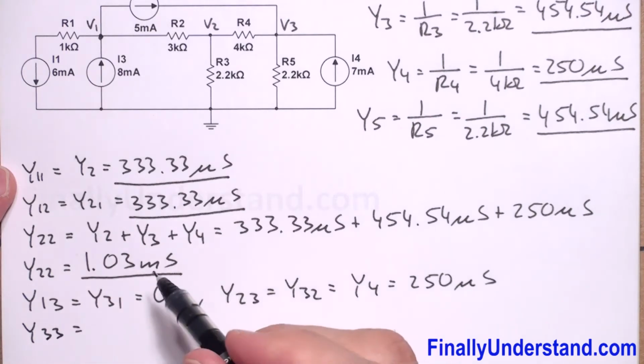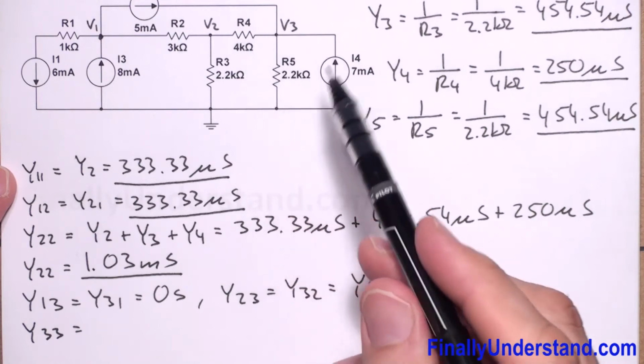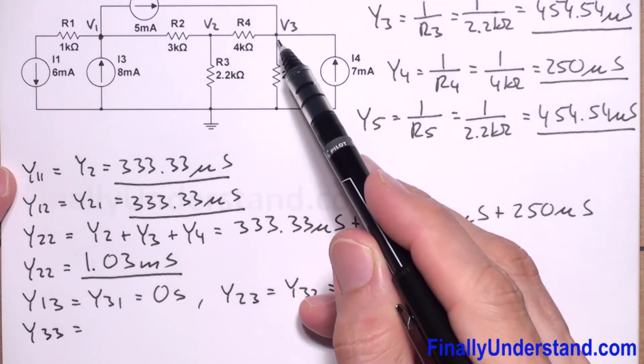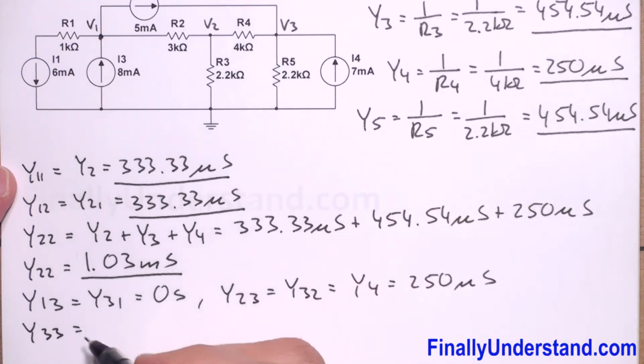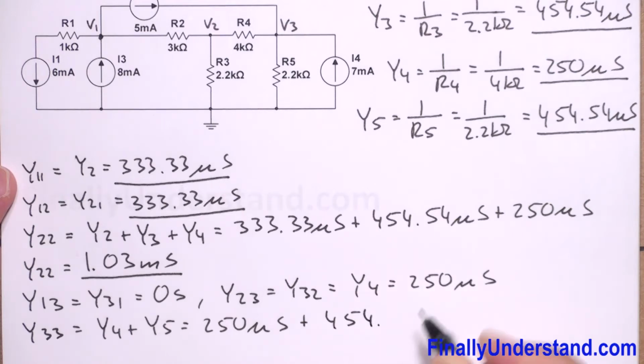Next we're supposed to find Y33. This is the sum of the admittances of the branches which are connected to node 3. So I have Y4 plus Y5. So I have 250 microsiemens plus 454.54 microsiemens.